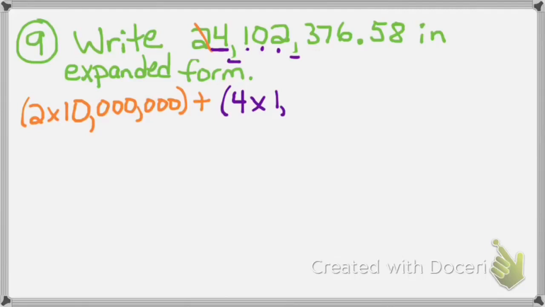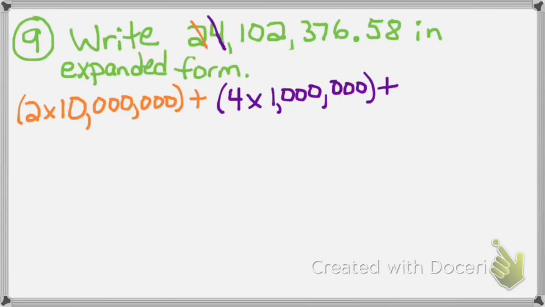Now I have 3 digits, so I'll put a comma and 3 zeros. Close that up. So 4 is in the millions column, so I have 4 times 1 million, put my plus sign. I'm going to move on to the next digit.